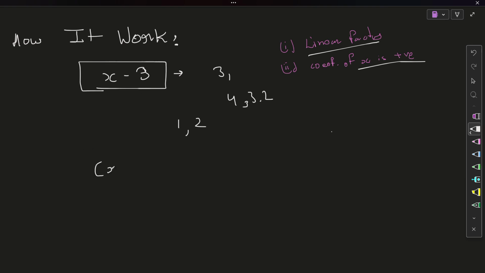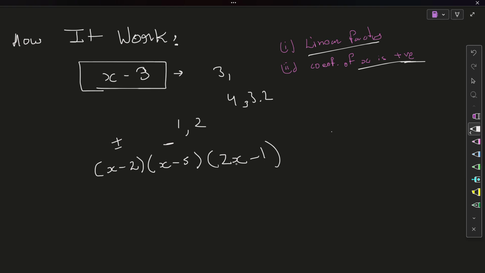Similarly, if we multiply multiple such linear polynomials like this, or maybe even 2x minus 1. Even if the coefficient of x is 2 here, it just needs to be positive for the wavy curve. So if we put a value greater than 2 here, this is going to be positive. But imagine we are putting 3: this term is going to be positive, and if you put 3, this term is going to be negative.